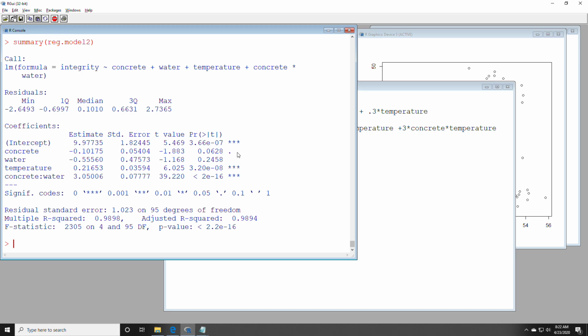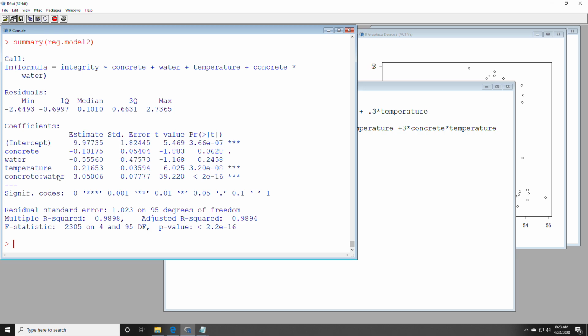Now, of course, I've said before that you can never kick more than one thing out of the model at the same time without doing a partial F test or an overall F test. However, there is no need to do a partial F test in this case. These are our three lower order terms, just basic terms. This is what's called a higher order term.